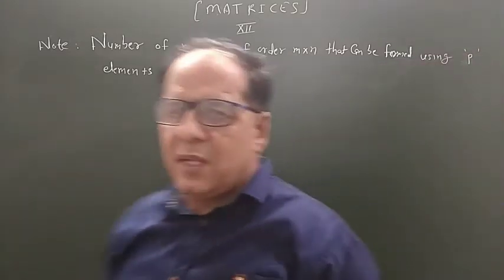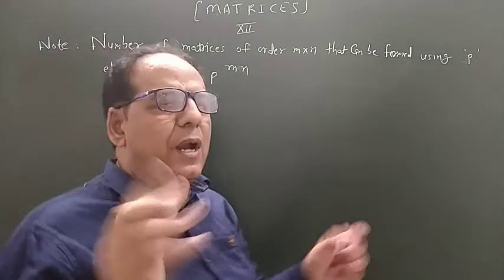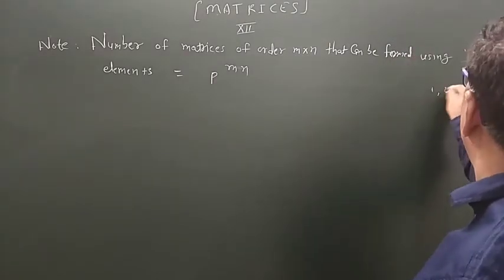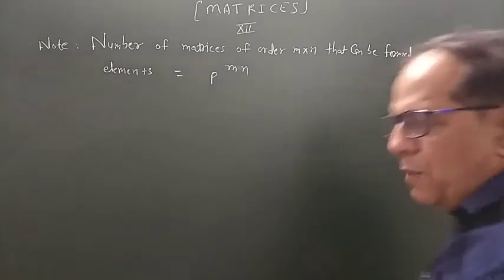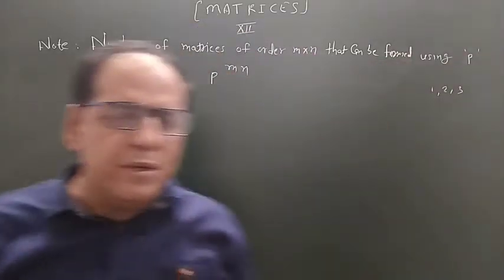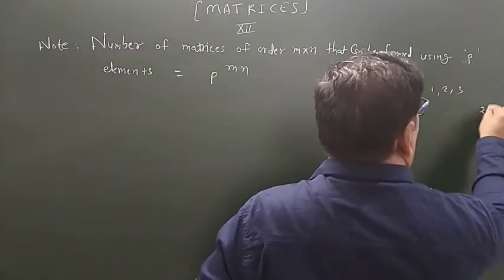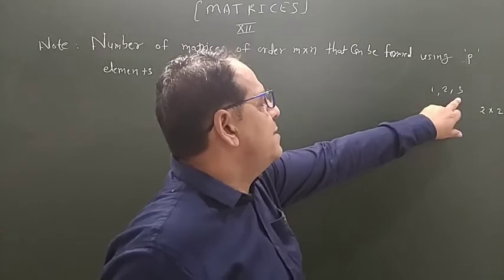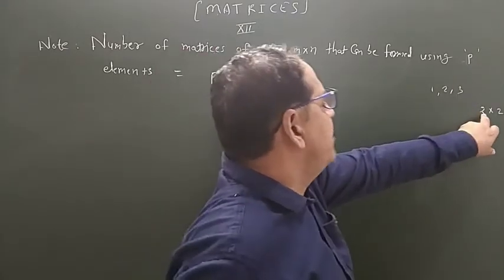Suppose I am given three different elements, 1, 2 and 3. My question is: how many matrices can be formed using these three elements of order 2 by 2? So we are using three elements, the value of p is 3, and the order is 2 by 2.